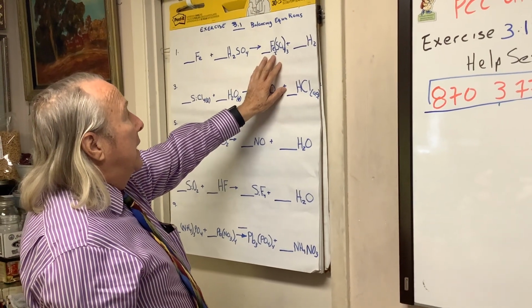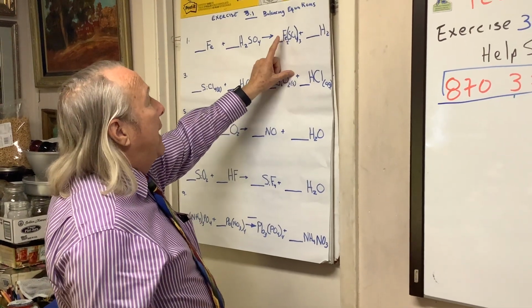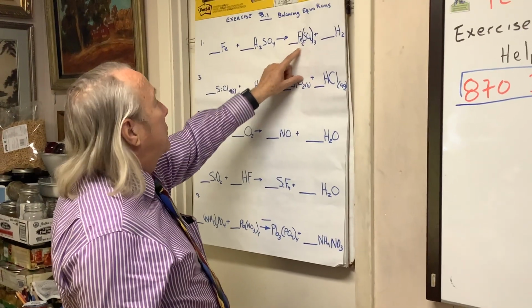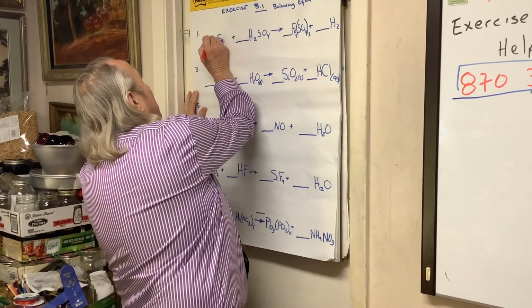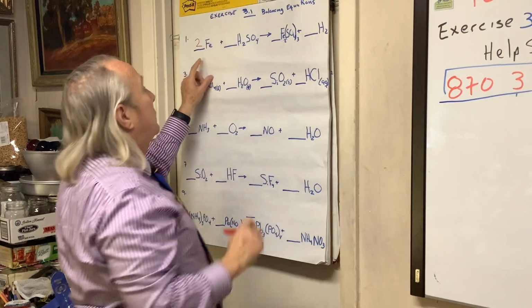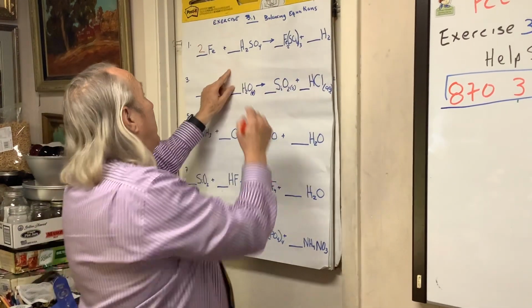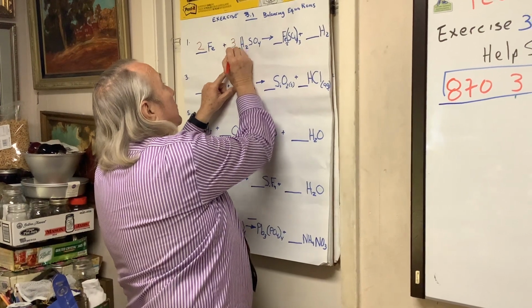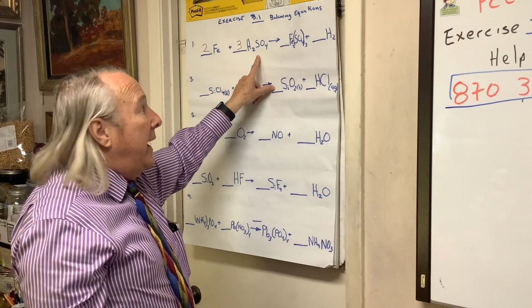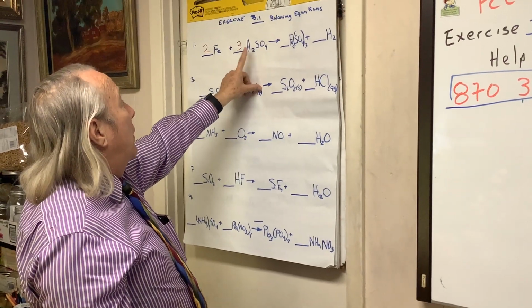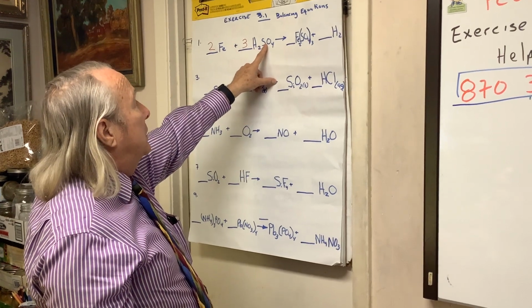I need to be careful because I can't erase. But if I have, for example, 2 irons here, I know I'm going to need at least 2 over here. And if I have 3 sulfates over here, I know I'm going to need at least 3 of these. So far, I have 3 sulfates on this side, 3 sulfates on this side.